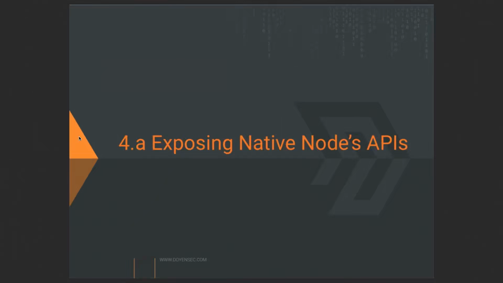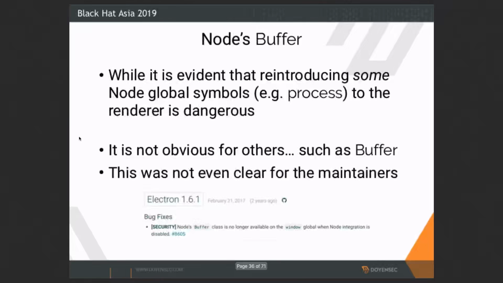Let's start with the first one, which is probably the easiest to understand: the preload has access to Node primitives. As such, if you mistakenly bring objects from the preload back to the renderer, you are defeating the purpose of the isolation and the preload.